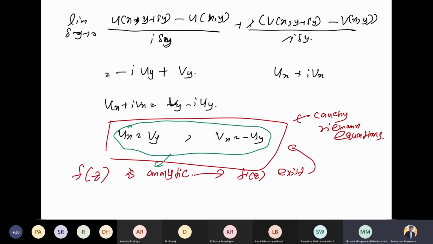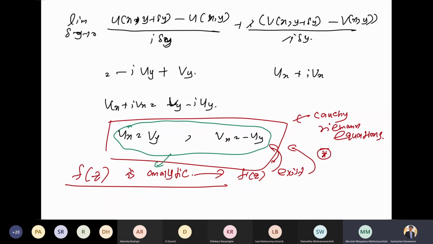Or they will ask what the Cauchy-Riemann equations mean, or ask for the proof, or ask you to show that the equations are satisfied. I don't remember the exact condition. It should be something like u_x and u_y are continuous everywhere, and your function is bounded, so there are one or two conditions. Please specifically remember that, because this is the place where you can get lost. Sometimes they will give some function, and if these conditions are not satisfied, you can straight away say so. But if they are given, you can straight away say this.